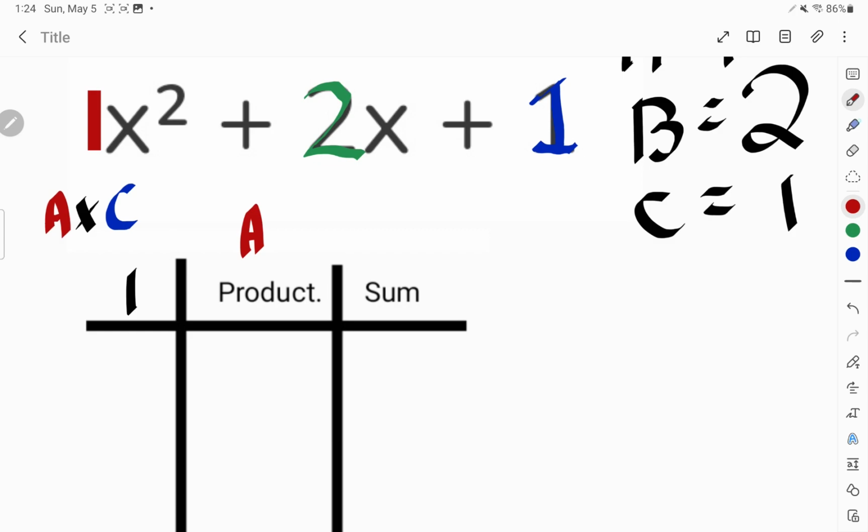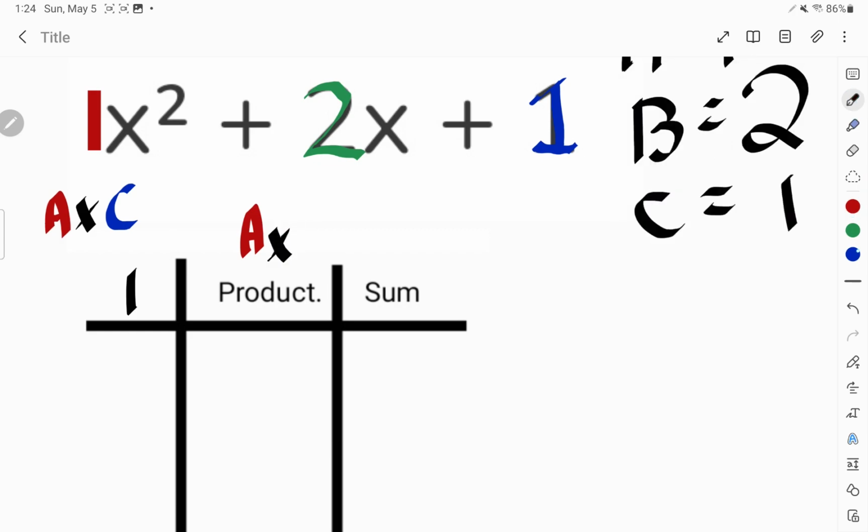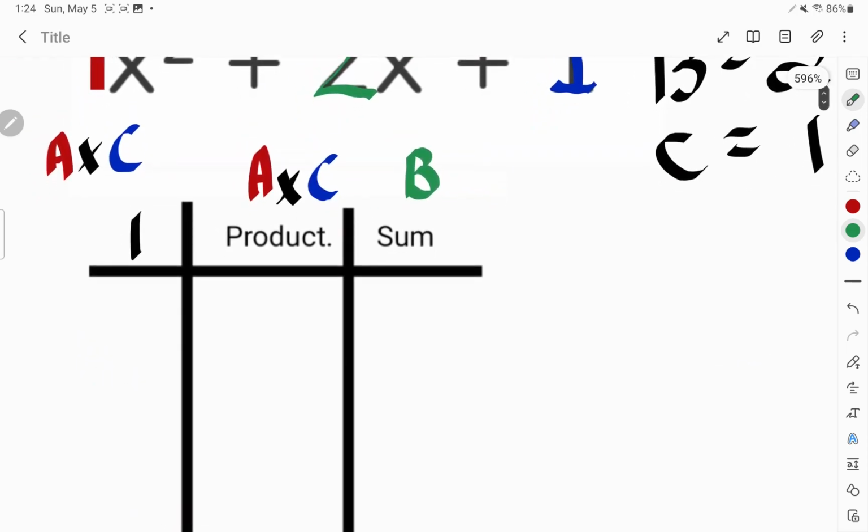A times C has to go right there always, and this is going to be very beneficial for us once we start dealing with a number other than 1 in the front. The second one has to equal B, in this case 2. Okay, so now we need to find factors of 1.